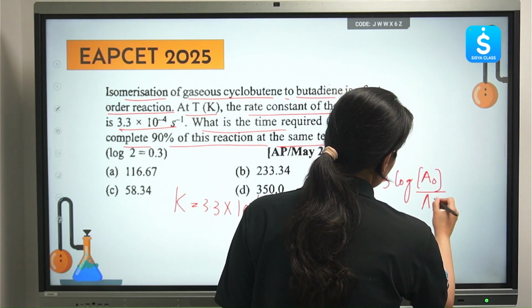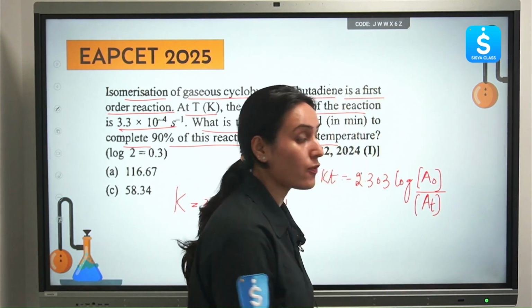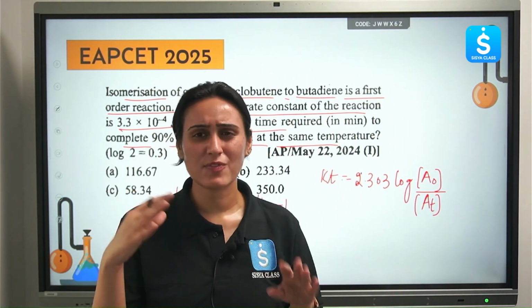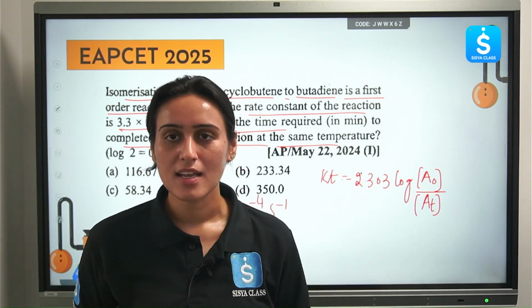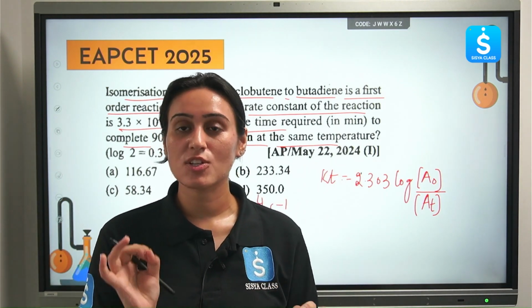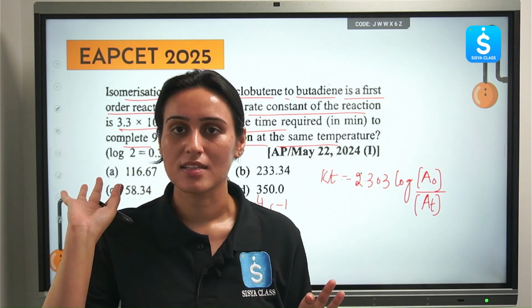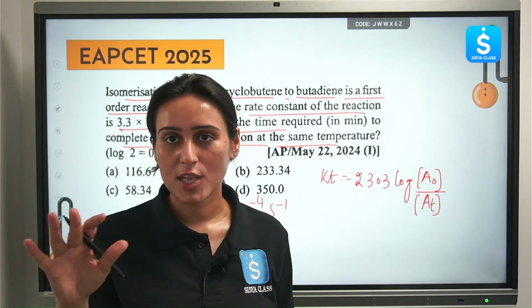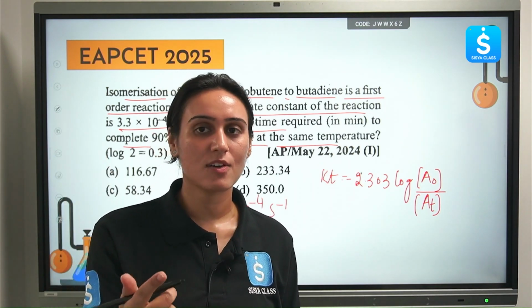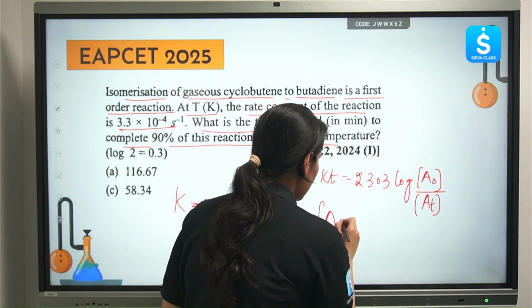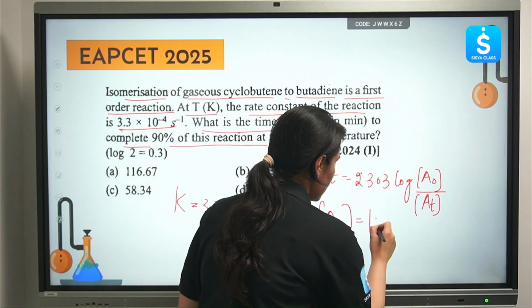Whenever you see these percentage kind of questions, always 90%, 50%, 60, 70, anything they write, always take initial concentration of reactant to be 100. You will get the correct answer in seconds. So A0 we are taking as 100.